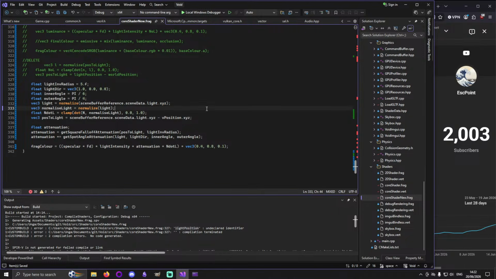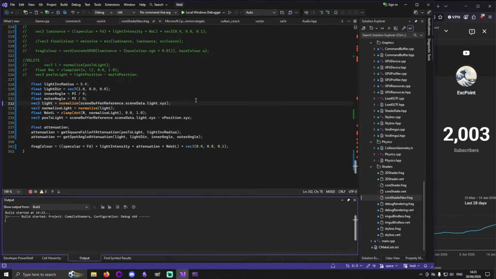I don't know what that is in radians, but okay, I think we have all the values defined. This might be wrong though, so we might not get any light at all. We might get some weird effect, but I think we are setting everything correctly as far as I can tell. So let's give this a shot and see.